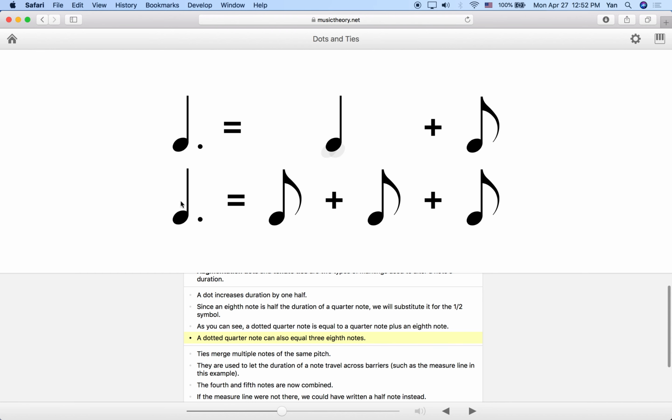A dotted value can always be represented as three of the immediately shorter value, or half of the one that is written. To be very clear, a dotted quarter, for example, can be written as three of the immediate shorter value, which is the eighth note. Right after the quarter note, the eighth note is the shorter value, which is half of a quarter note.